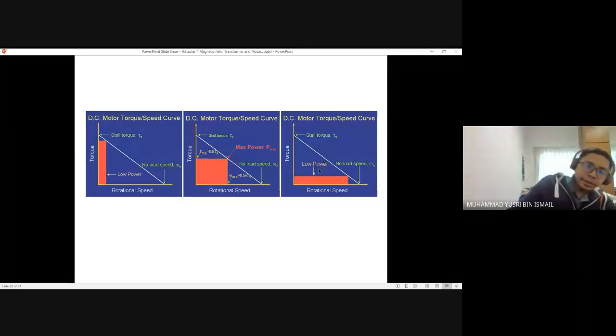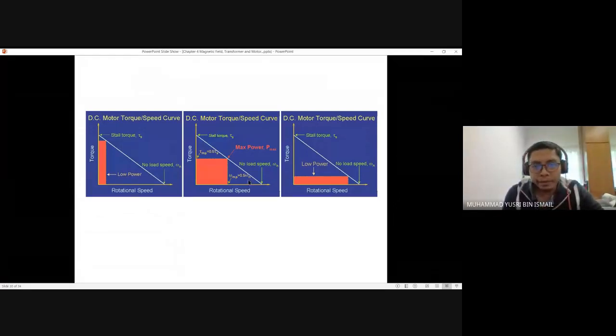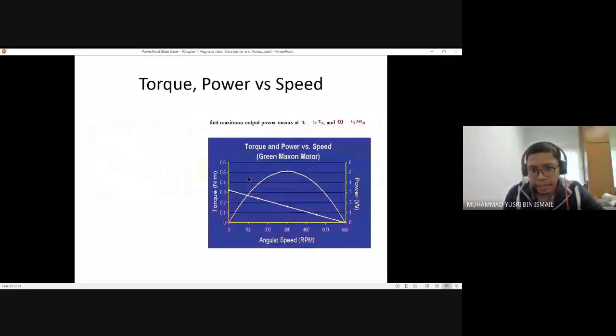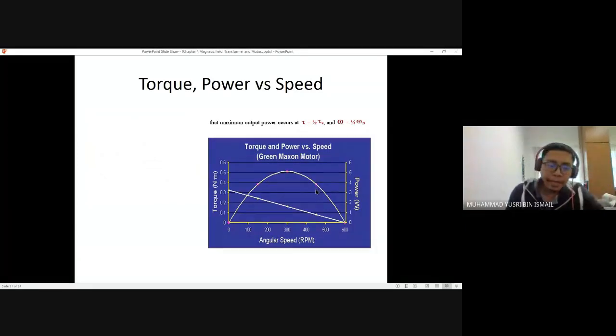So in order to find the best trade-off, it is assumed that 0.5 torque with 0.5 rotational speed will produce the maximum power. And this is the characteristic of the power produced by the particular motor.